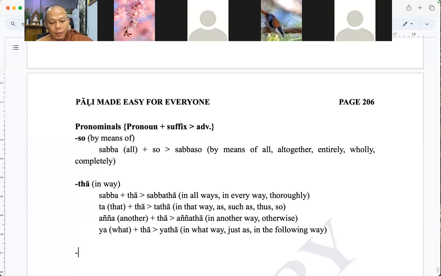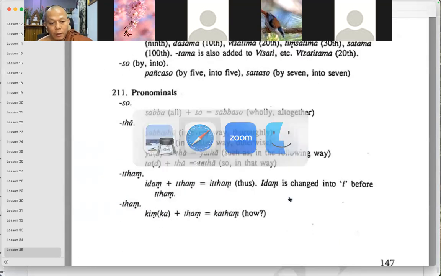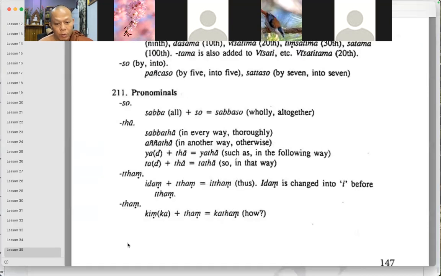And then now another suffix. Another suffix is tan. Tan means also the same as in way, about manner actually, that time also.